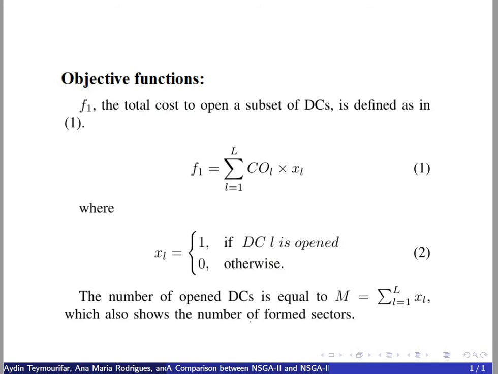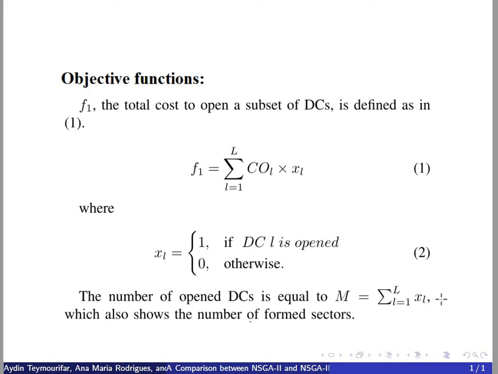F1, the first objective function, is calculated like this. If DC L is open, XL is equal to 1, and otherwise it's equal to 0. The related cost of opening the DC L is CO L, and this summation is equal to F1, which is the first objective function.